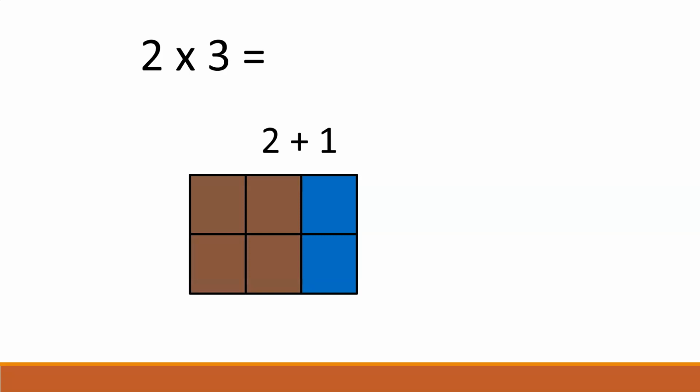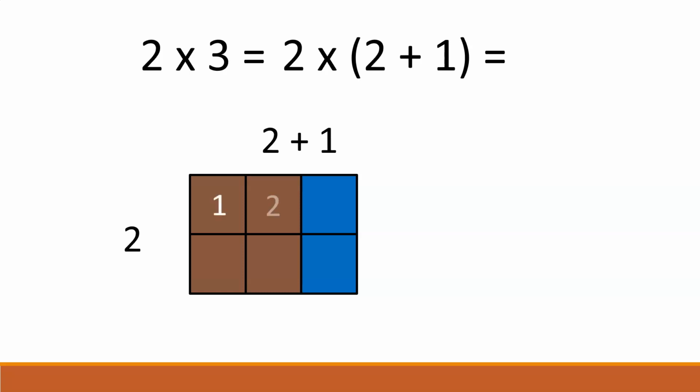If we have 2 groups of those 3's, 2 groups of the 2 plus 1's, we know we still have 6 blocks. But now we've broken down the 3 into a 2 plus 1. So instead of saying 2 times 3, we can say 2 times the quantity 2 plus 1. We still get the same 6 blocks, don't we?